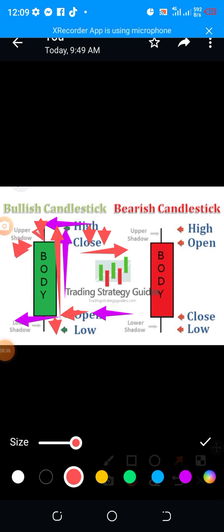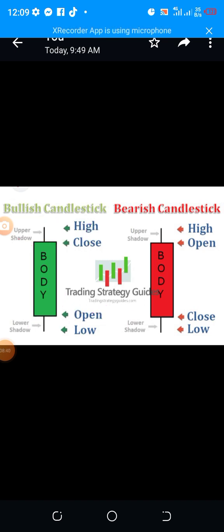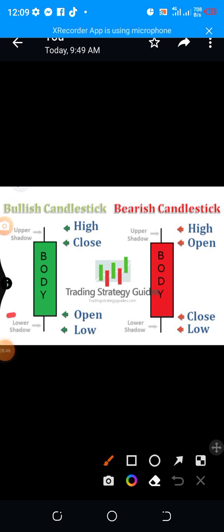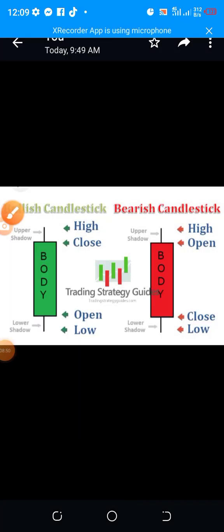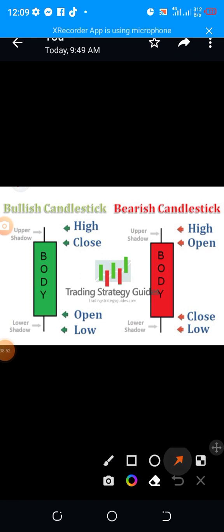So this is the instance. I repeat one more time. I want you to understand very closely. The candle started here, and then the sellers took over. They pushed price down to that end where the lower low is.